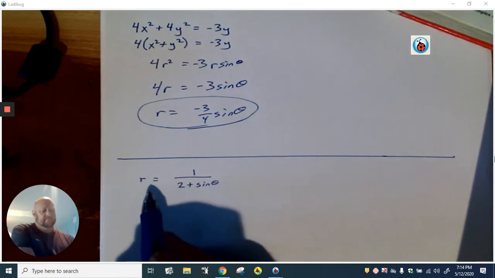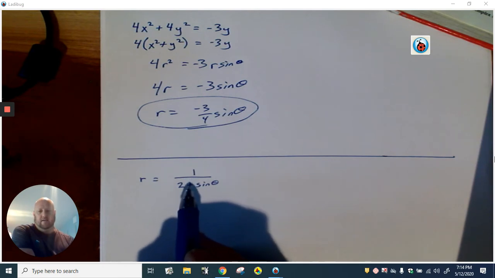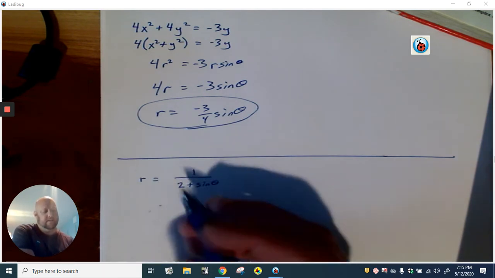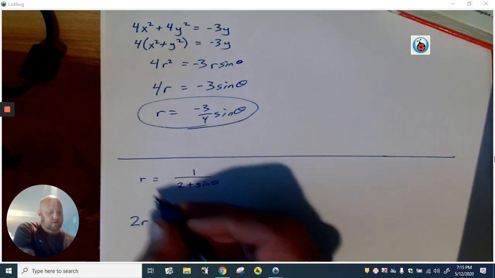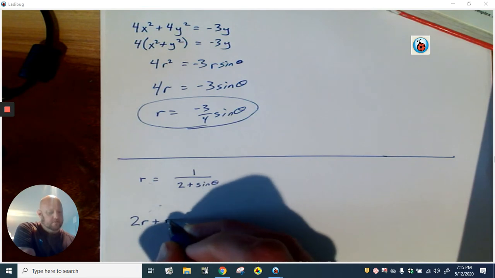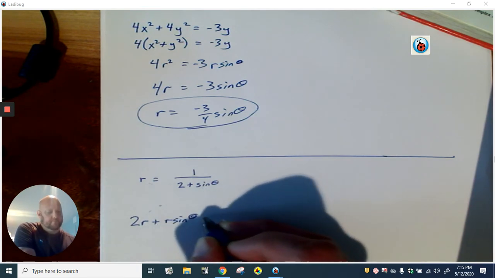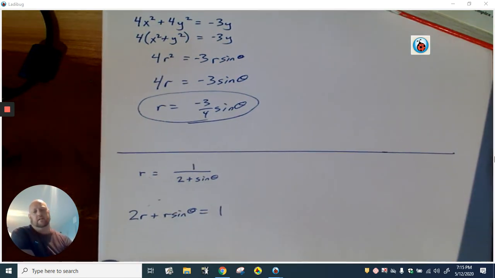Well, in this case, again, I don't like the fraction here, and I could make a substitution, but I think it'd be easier if I butterflied that first and got 2r plus r sine is equal to 1. Okay?